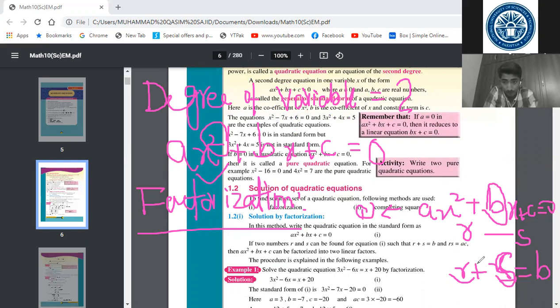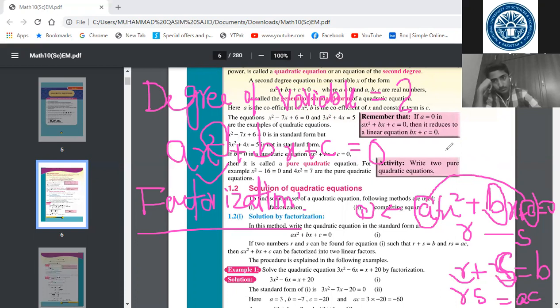Now for the second equation, when r and s multiply, the product must equal a multiplied by c. So the multiplication of the unknown values we computed in b must equal a multiplied by c. This is the general rule for factorization.